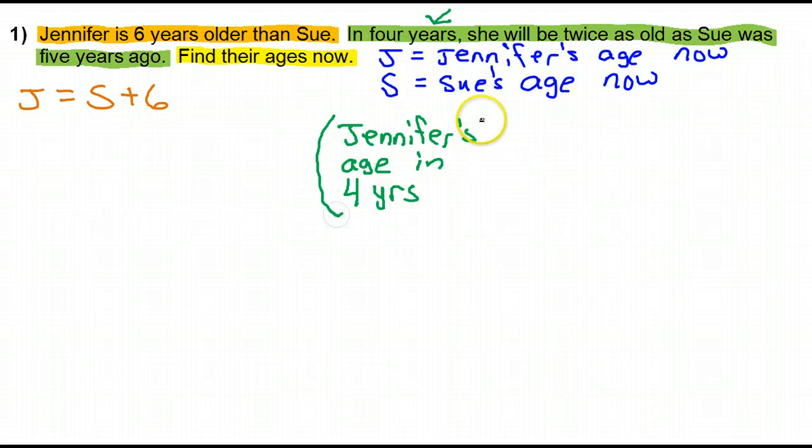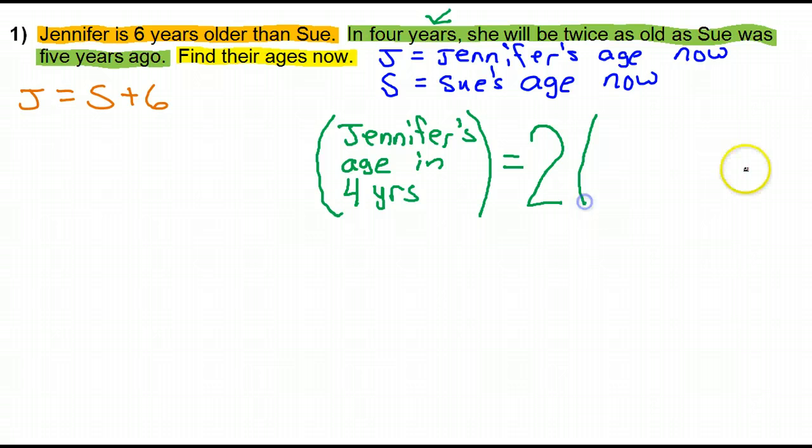Okay, this is what we have at first. It's talking about in 4 years what's going to happen. So just write it in words for now. Jennifer's age in 4 years will be twice as old as, okay, so that means this should equal 2 times something because it's twice something. So I'll put a giant 2. Now twice what?